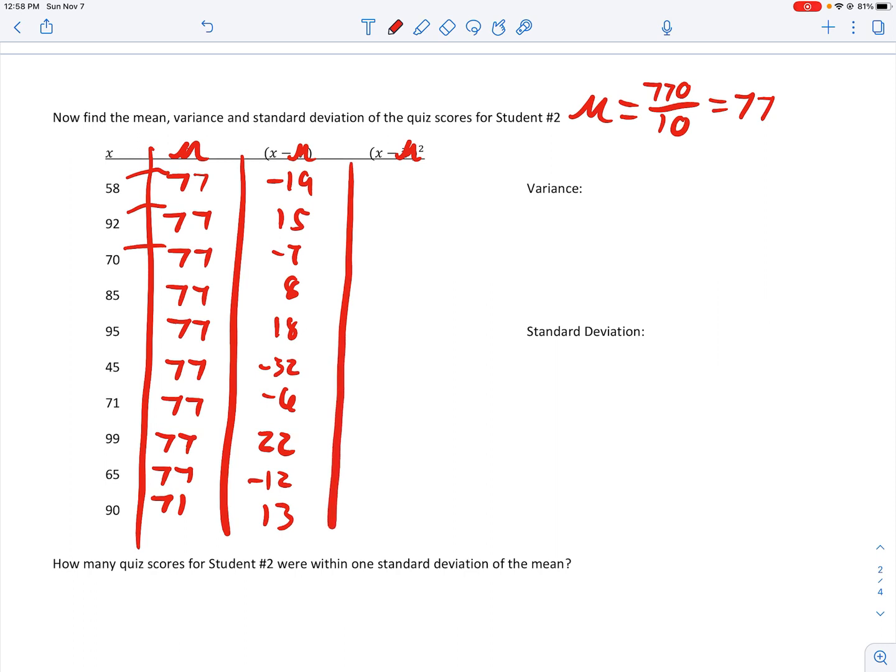And then the last column, I'm going to take the numbers I just got, those 10 numbers in red, and now I'm going to square them. So I'm going to take these 10 numbers in that third column, and square them to get the fourth column.